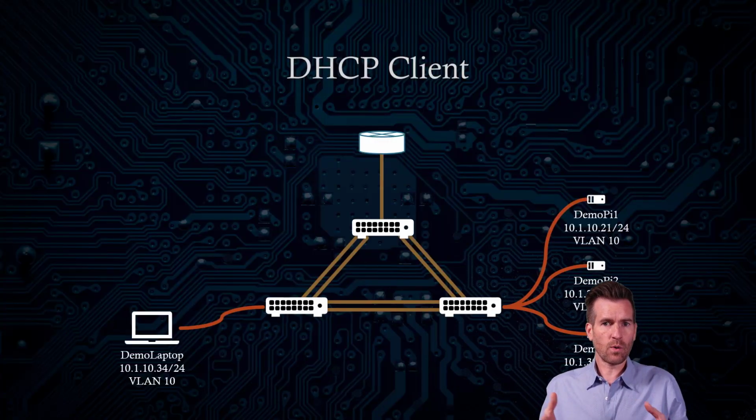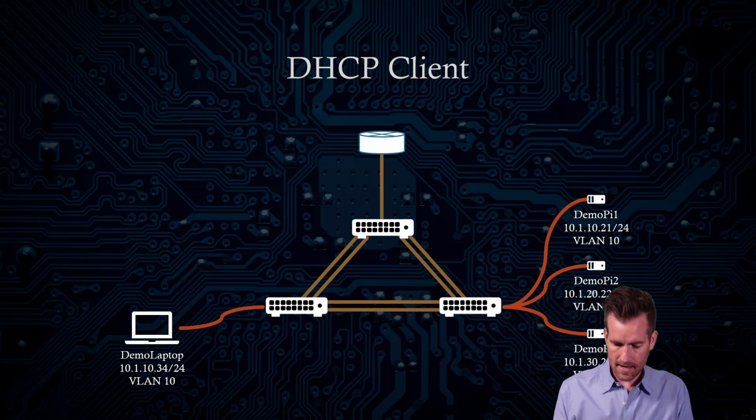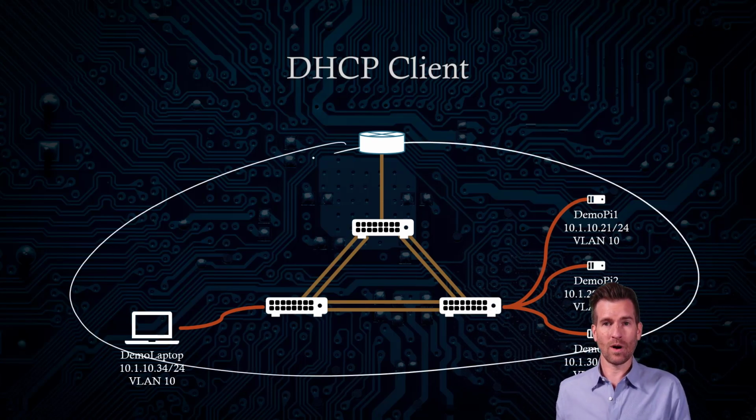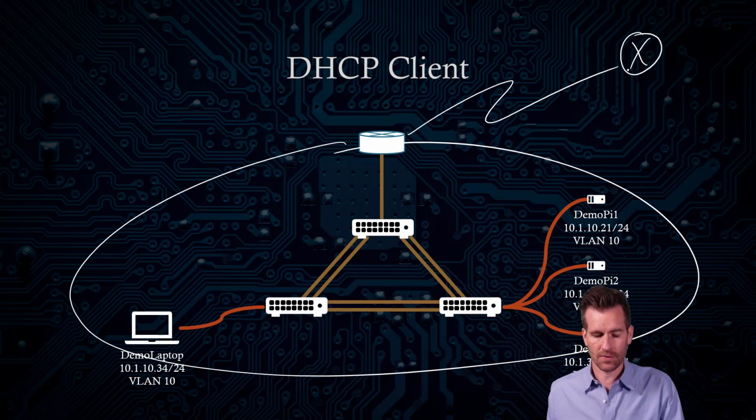Let's go over a quick scenario to see how some of this could get set up. Right here we have a network that, let's say, we want to connect out to the outside world. So we're going to connect to some sort of ISP router that's out there.